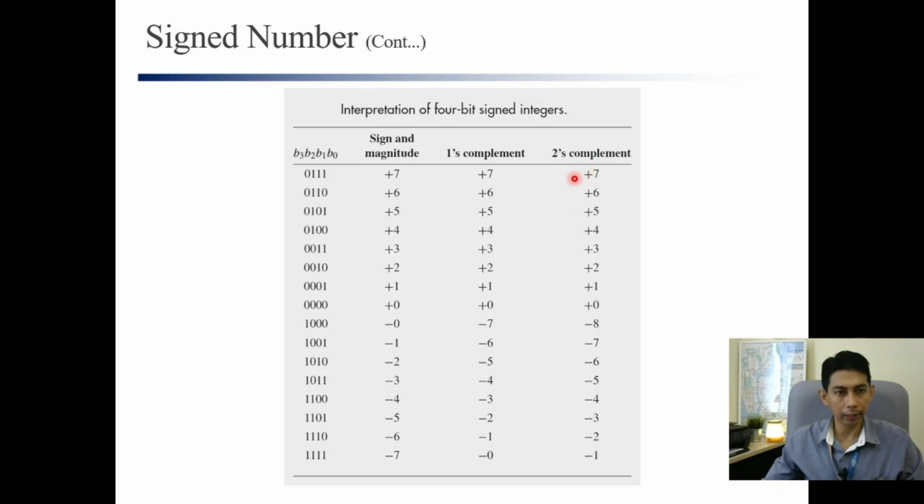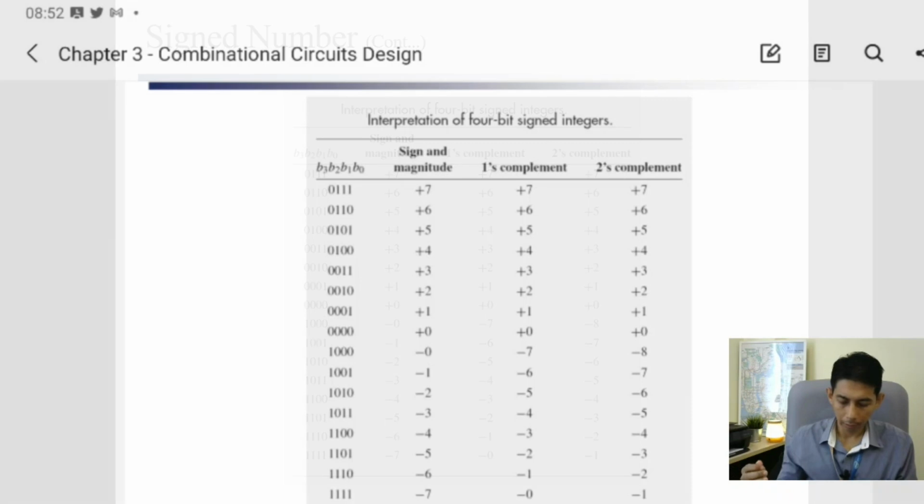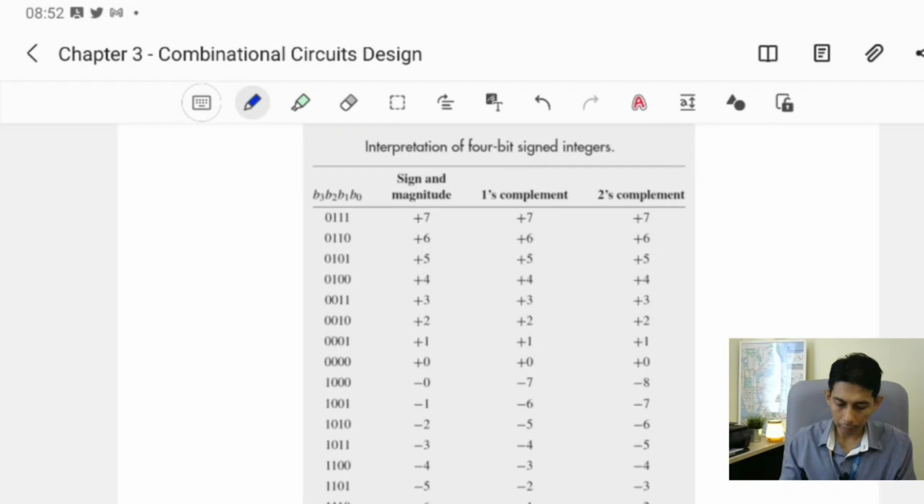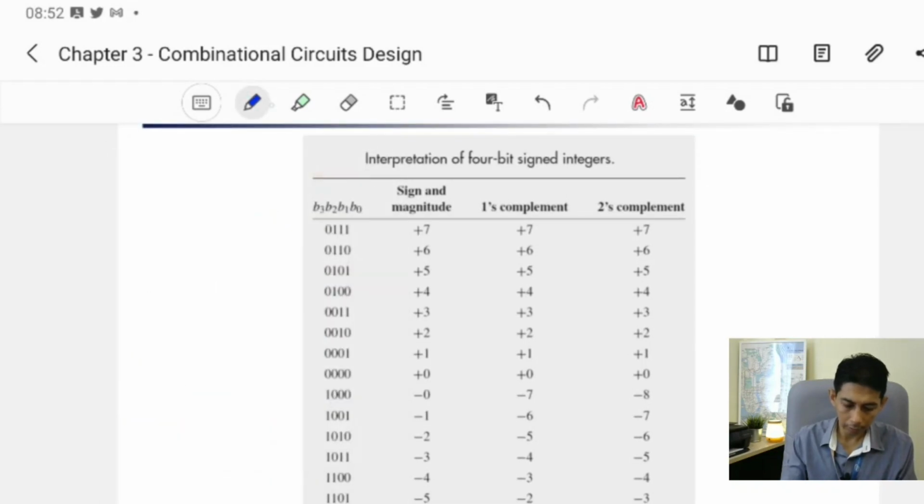Because when we look at 8 in digital, the maximum value is positive 7, so the next value should be positive 8. So 8 in digital is 1000.